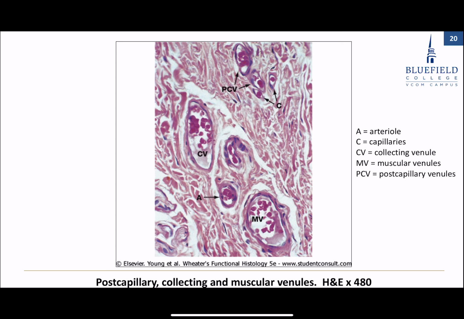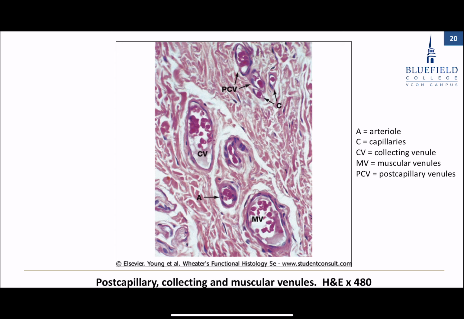However, I can ask you a question in terms of the order and why, what's the difference in the wall between a collecting venule and a muscular venule. One's got pericytes, one has smooth muscle. And so, yeah, you have to know what's in the notes here in terms of the order in which they go, the differences between them. You don't have to recognize the differences between them. The only way you're going to do that is if you had an antibody, say is it pericyte or smooth muscle, and when you compare sizes up here like you can in this image.